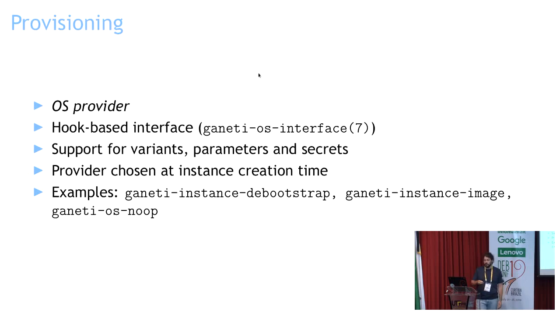And then there is Ganeti OS No-Op, which is a completely dummy OS provider that does nothing, but is there just to circumvent Ganeti's need for specifying an OS provider. So this is used if you import an existing machine into Ganeti and just don't want Ganeti to mess with the operating system in any way.